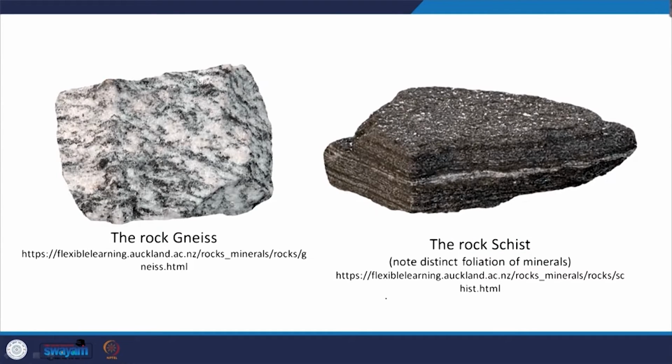Now, the next rock in this series is rock gneiss. This gneiss is a high grade metamorphic rock. That means that it has been subjected to higher temperatures and pressures as compared to schist. The schist rock has also been shown on the screen.